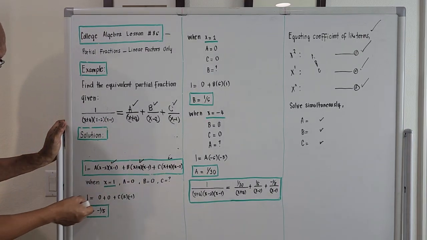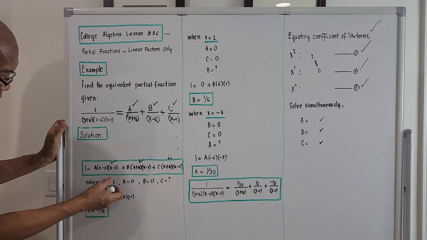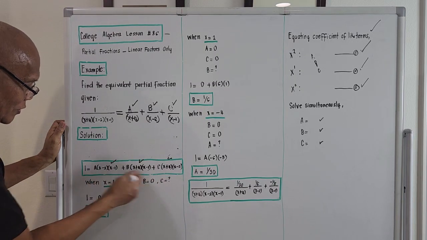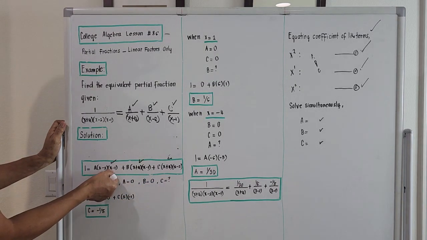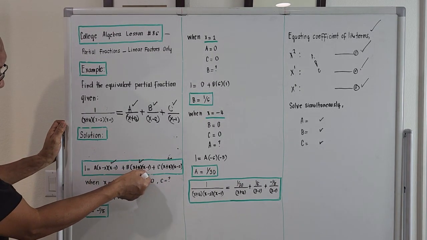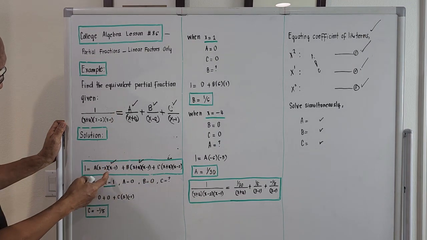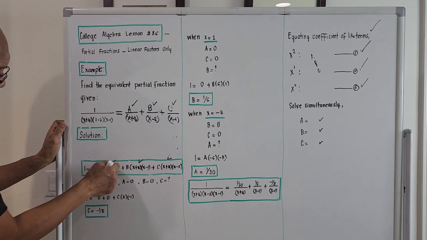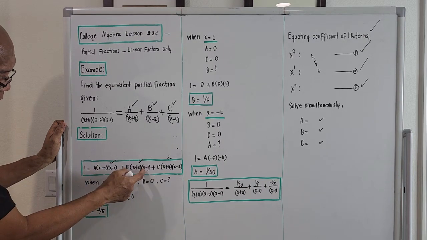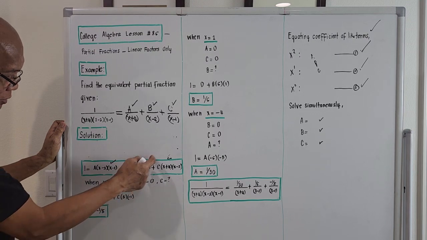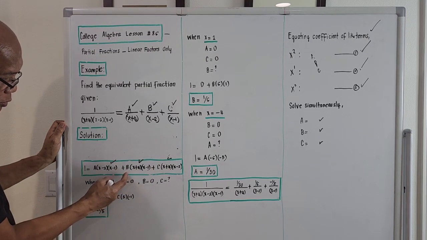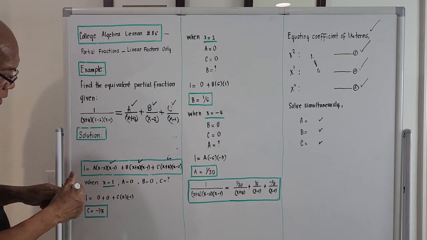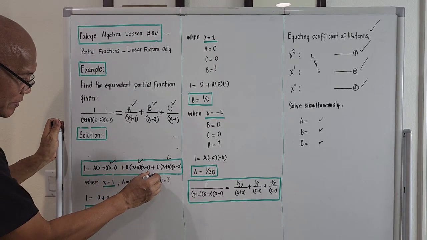Okay? When x is equal to 1, in this equation, this is x minus 1, right? This is x minus 1. So when x is equal to 1, this will become 1 minus 1, right? So this will be 0. This will become 1 minus 1. This will be 0. And this 0 here, you multiply that to B. So when x is equal to 1, B will be 0, right?